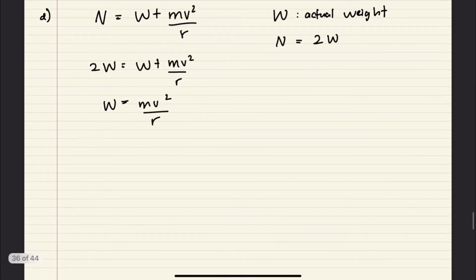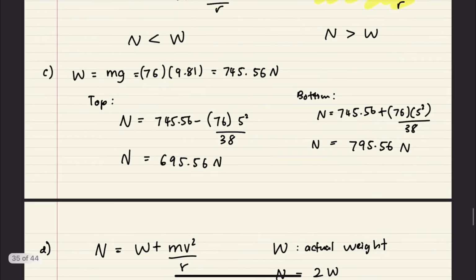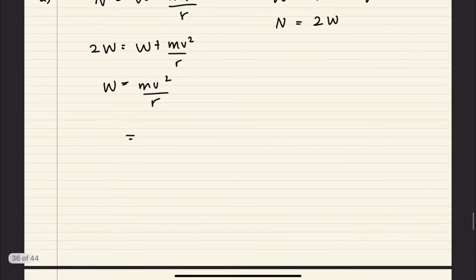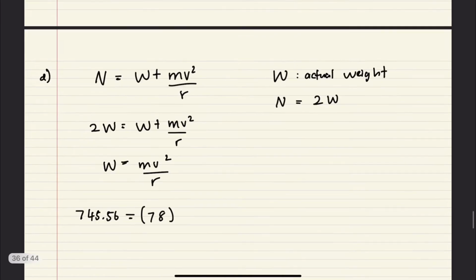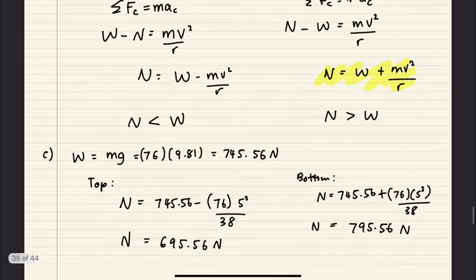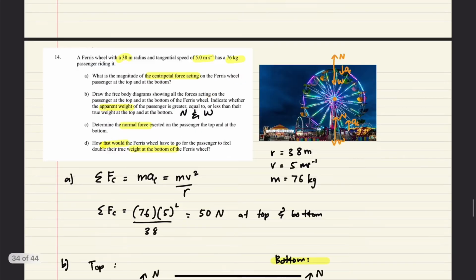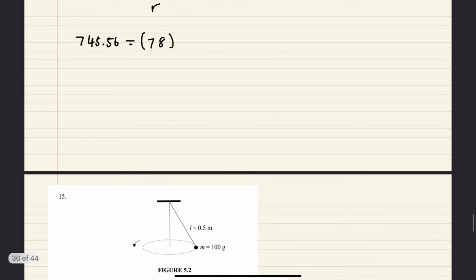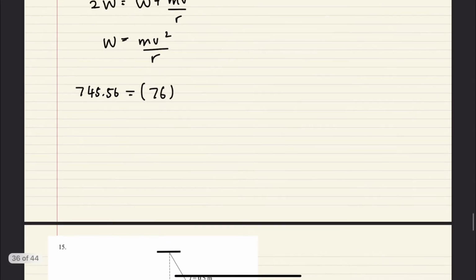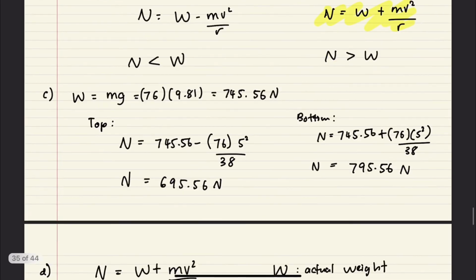The weight is mg, which we calculated just now as 745.56, equals the mass, 76 kilograms, times V squared over r, where r is 38.